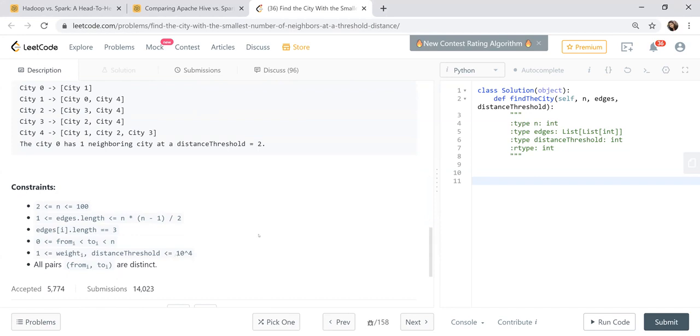If we look at the chat that you posted, Floyd-Warshall doesn't depend upon the edges. Floyd-Warshall will perform in order of n cube, where n is the number of nodes.